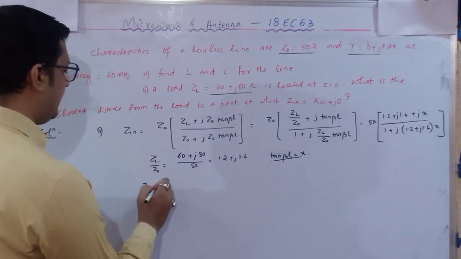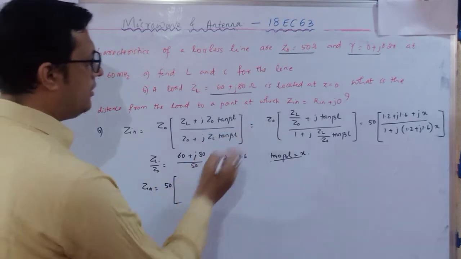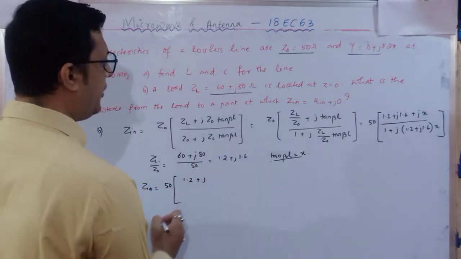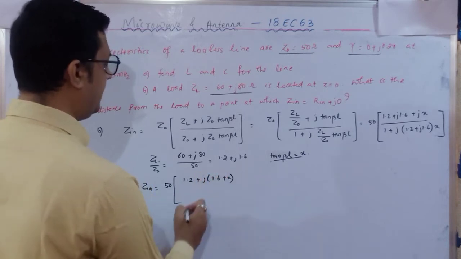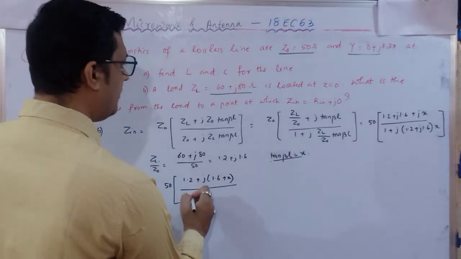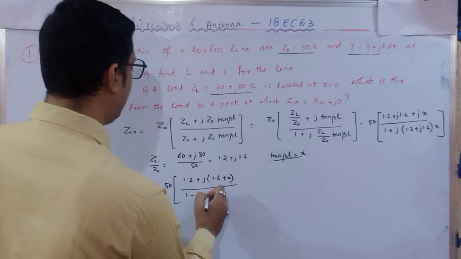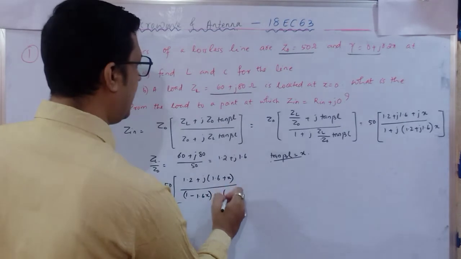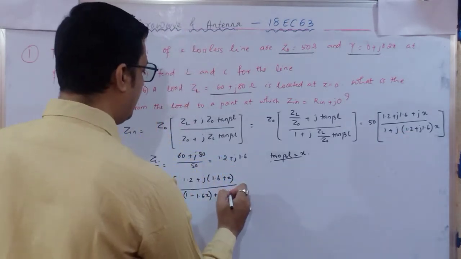So Zin is equal to 50. In the numerator we can write 1.2 plus j of 1.6 plus X, whole divided by 1 minus 1.6X, plus j1.2X.